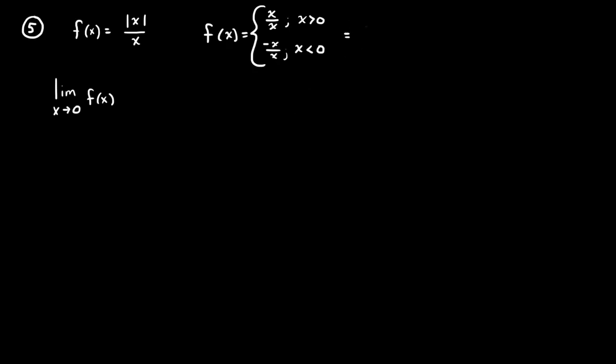Anyway, I'm going to simplify this like we did in the last unit, and so f of x is going to equal 1 provided that x is greater than 0, and then f of x is going to be -1 provided that x is less than 0. So before we graph this, I want to approach it very systematically using the algebra, and we have a piecewise function and the behavior is different on both sides of 0, so we need 2 one-sided limits.